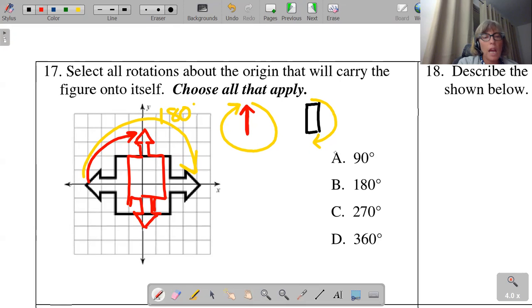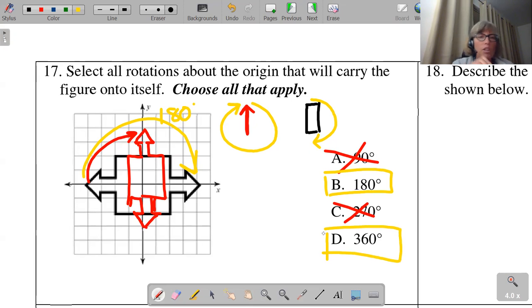So you know it's not 90 because that's a quarter turn, and you know it's not 270 because that's a quarter turn. So it's either going to be a half turn, 180, or a full 360. Select all the rotations, so it wants all the possible varieties there.